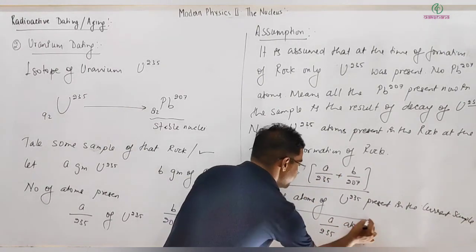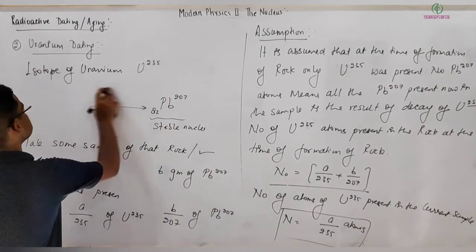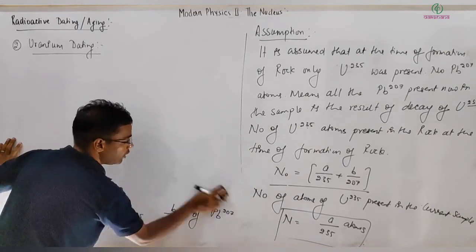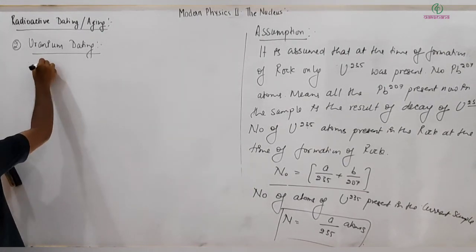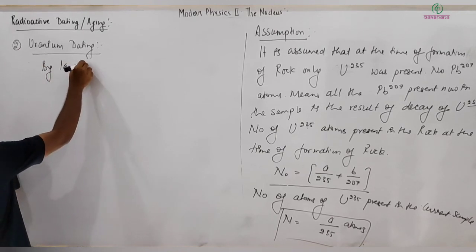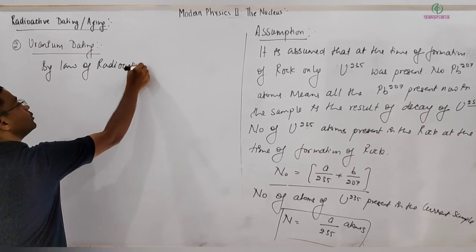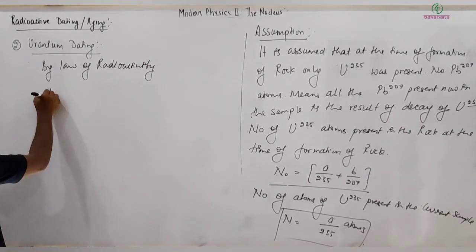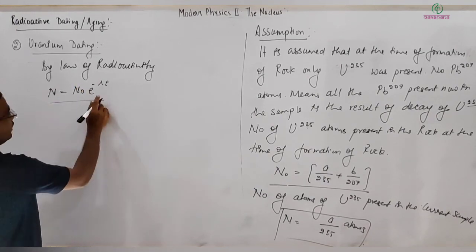And now we have the relation between these two things. By using the law of radioactivity, N is equal to N naught e raised to power minus lambda t. Here you will require the half-life.